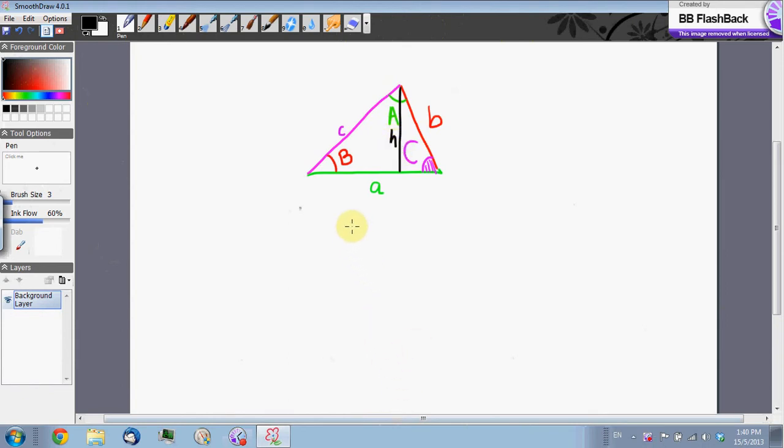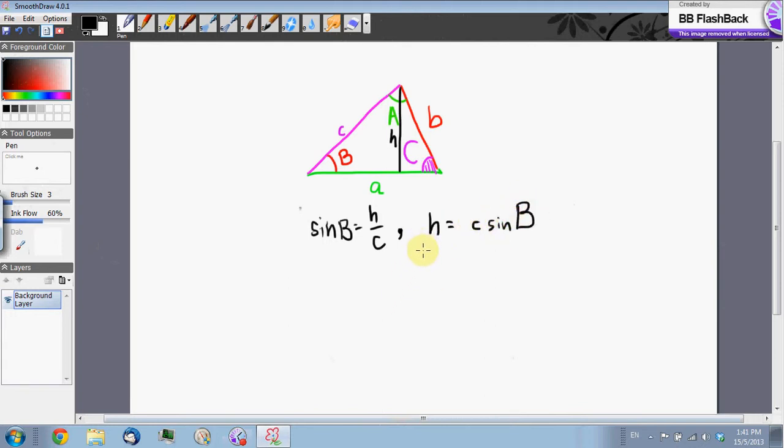Sine b is equal to opposite divided by hypotenuse, h over c, so if we bring c over, we get h equals c sine b. Remember, this is small c, not the angle, this is the length.